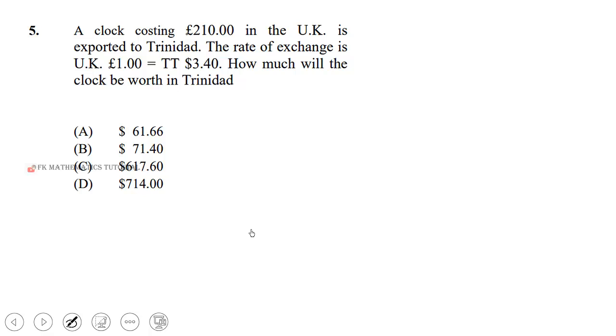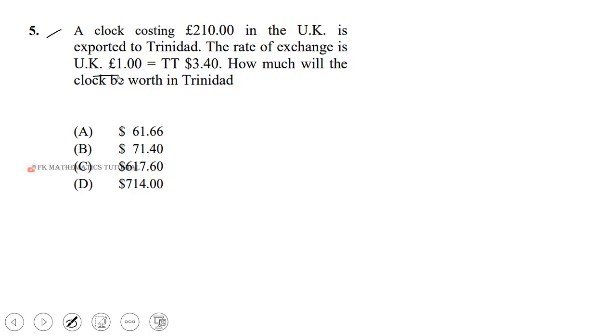A clock costing £210 in the UK, United Kingdom, is exported to Trinidad. The rate of exchange is 1 UK pound is equal to 3.4 Trinidad dollars. How much will the clock be worth in Trinidad?